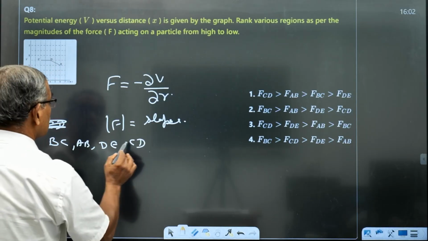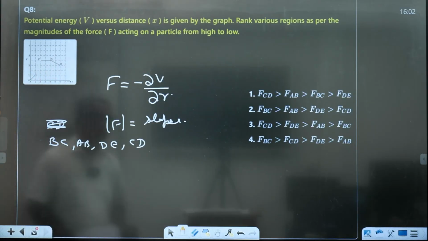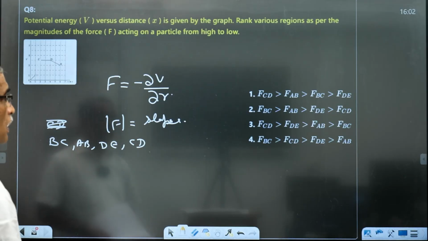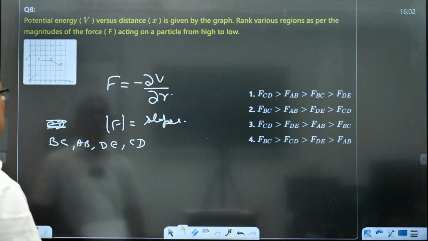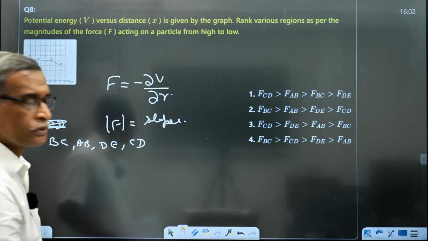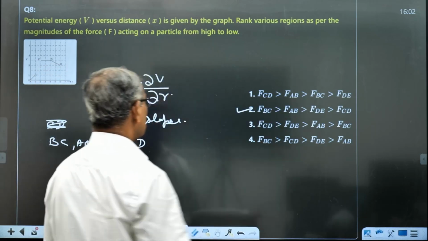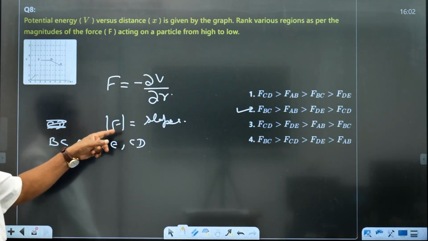Now you can see that force BC is greater than force AB, which is greater than force DE, which is greater than force at CD. We simply look at the slope and get the answer. So the answer is the modulus of force is the slopes.